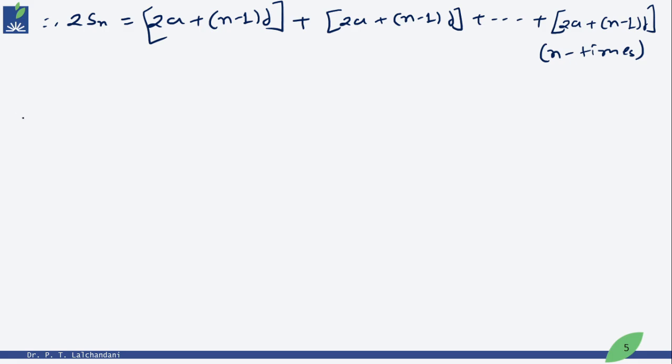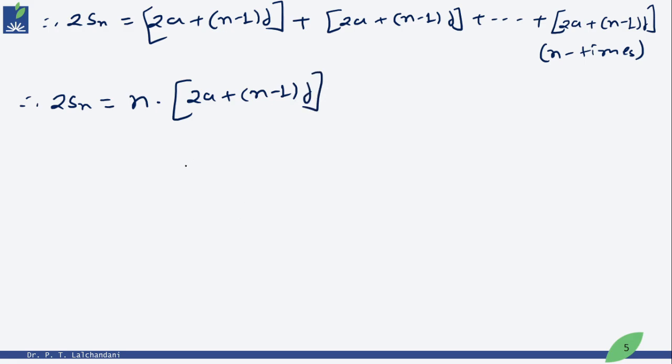Okay. So let us simplify this. 2Sn is equal to, now see, this is 2a plus n minus 1d plus 2a plus n minus 1d plus 2a plus n minus 1d. How many times? N times. So this will be n into 2a plus n minus 1d.